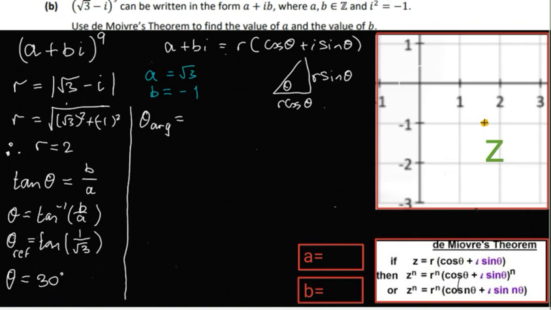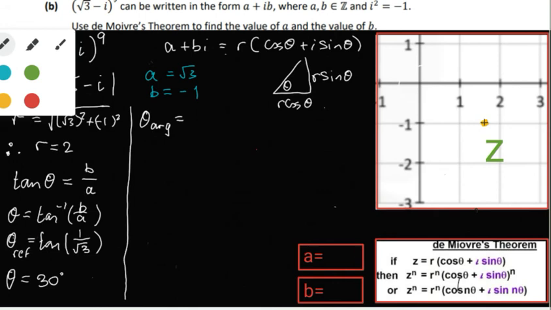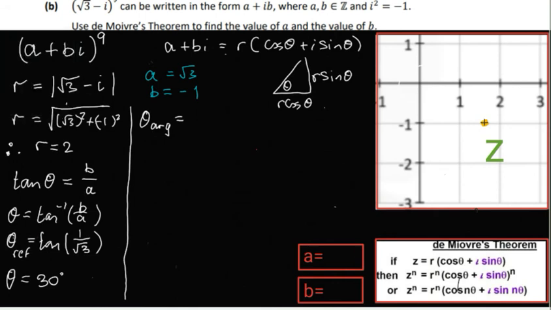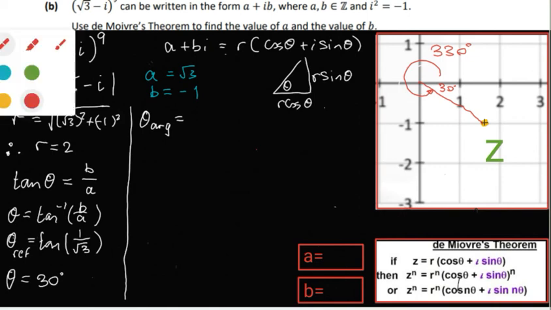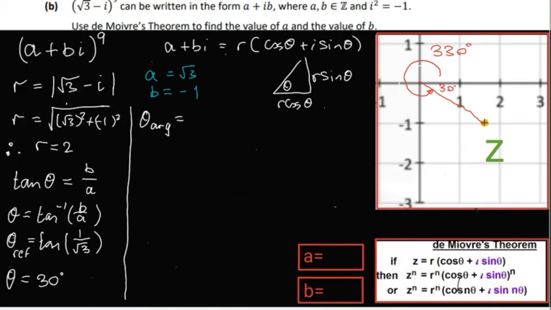So if we go from the x-axis here and we go all the way around anti-clockwise until we reach the actual line which would join the origin to the coordinate, we would get 330 degrees. We have 30 in here, which is our reference angle. So our actual angle is 330. So always use the diagram and it will work out.